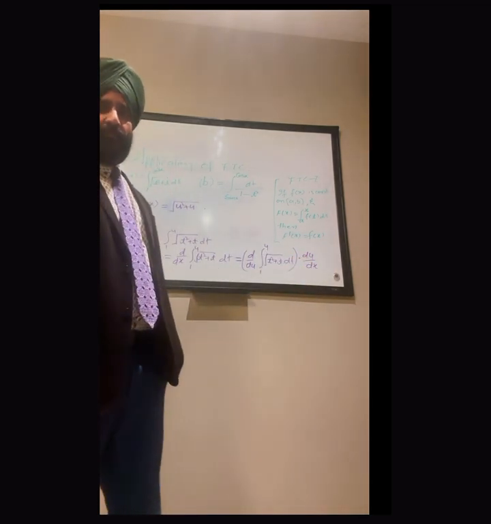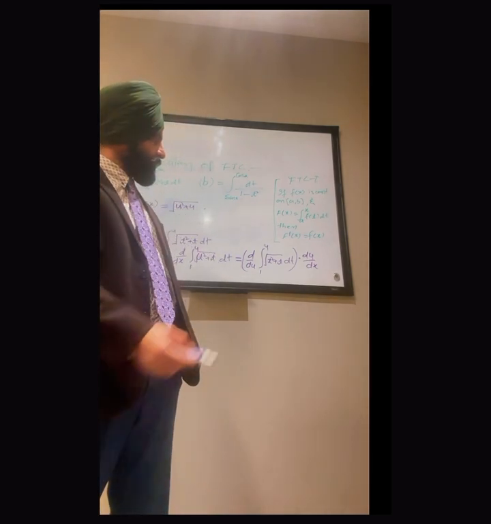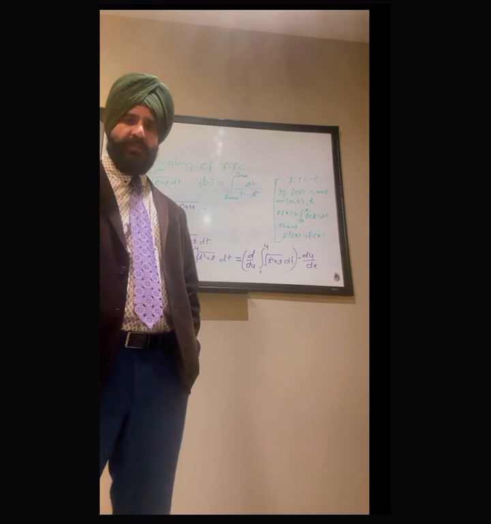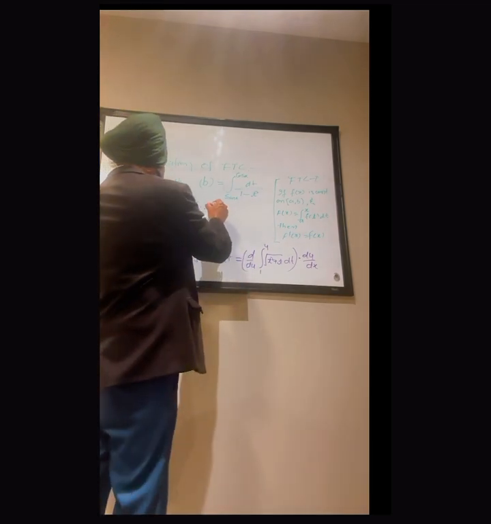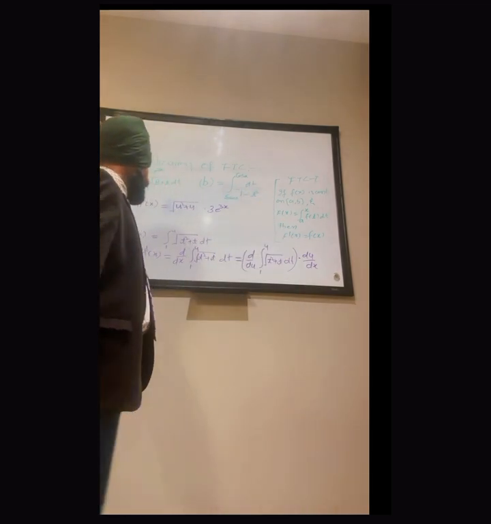What is u? u is e raised to power 3x. Its derivative with respect to x is 3 times e raised to power 3x.